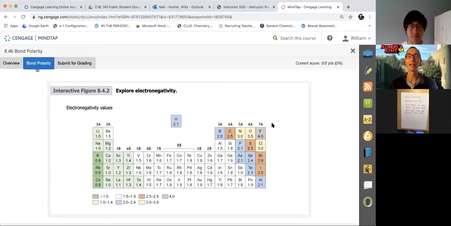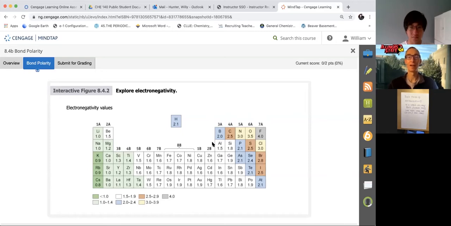Over here on the right-hand side, oxygen, fluorine, chlorine, nitrogen, those are the elements with the highest electronegativity. That means that when nitrogen or oxygen or fluorine or chlorine or sulfur are in a covalent bond with something else, there's a good chance that the pair of electrons that are shared are going to be attracted and spend more of their time near these highly electronegative elements.